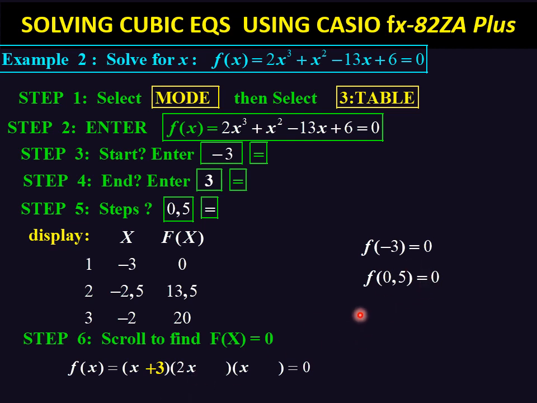That's a half. That's positive, so I put in -1 there. I scroll down further. I get 2. So this is x - 2. And there you've determined your 3 roots: -3, 0,5, and 2. Actually, by scrolling, you get those, but I'm just writing to show you the factors that you have there.